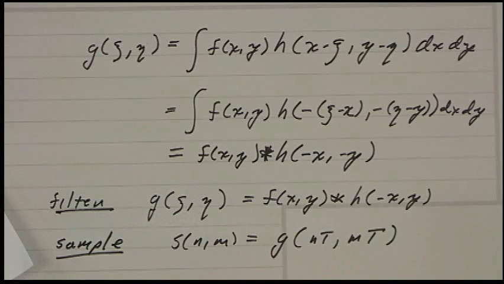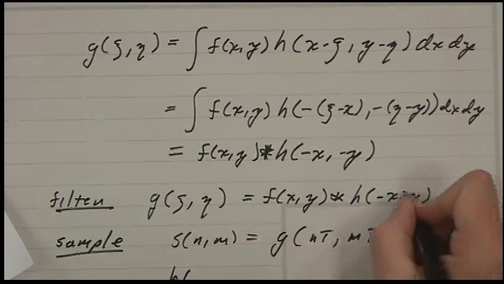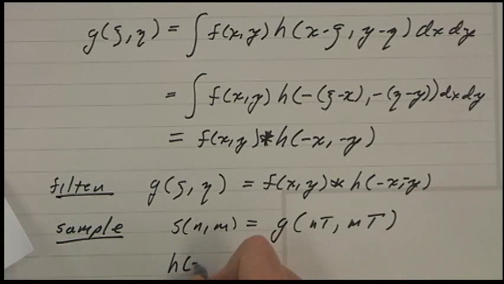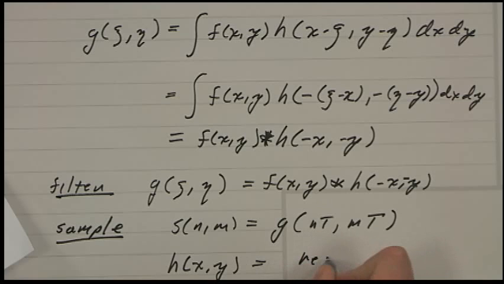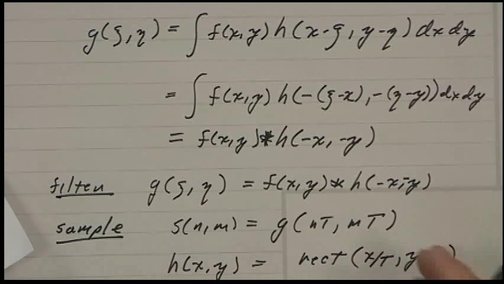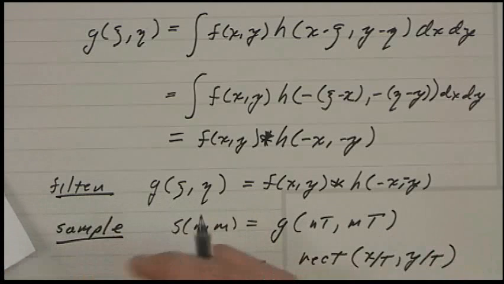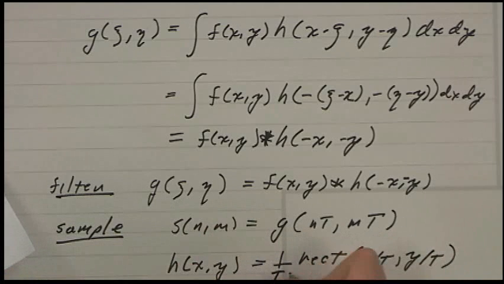And the filter here, h of x y, is a rectangular filter. It's rect of x over t, y over t, and I normalize it by t squared, so it integrates to 1.